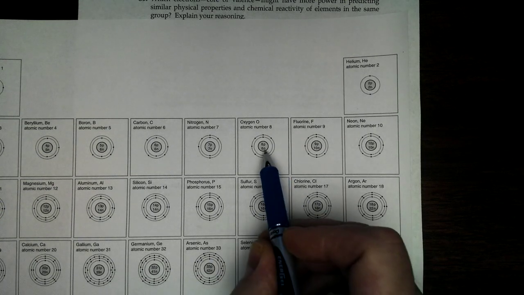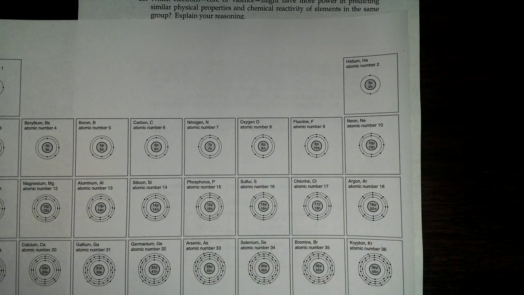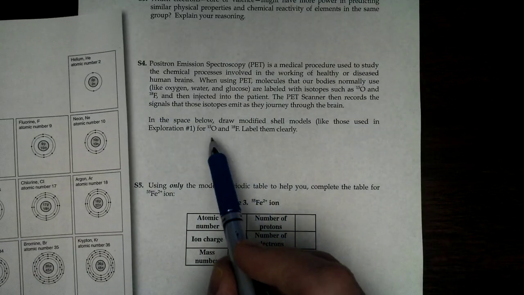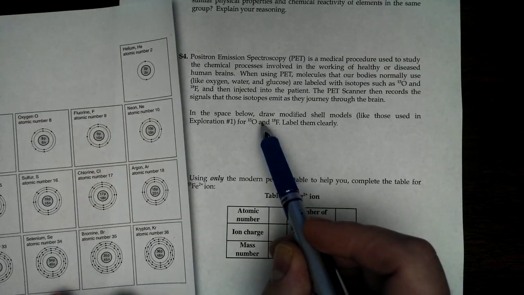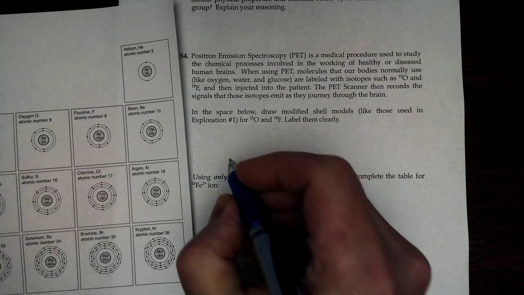Normal is not the right word here, but the most common version of an oxygen atom that you would find in nature would have 8 protons and 8 neutrons. But oxygen 15 is not going to have that because it can only have 15 of these nucleons, these protons and neutrons together.